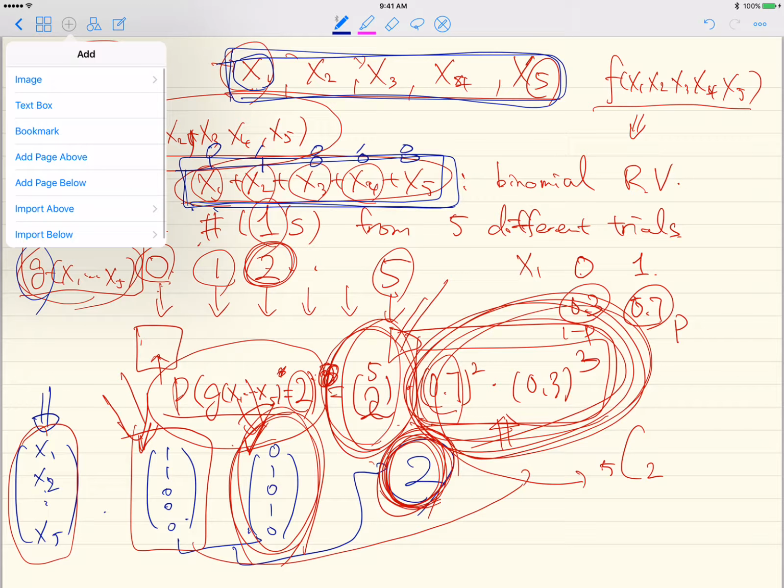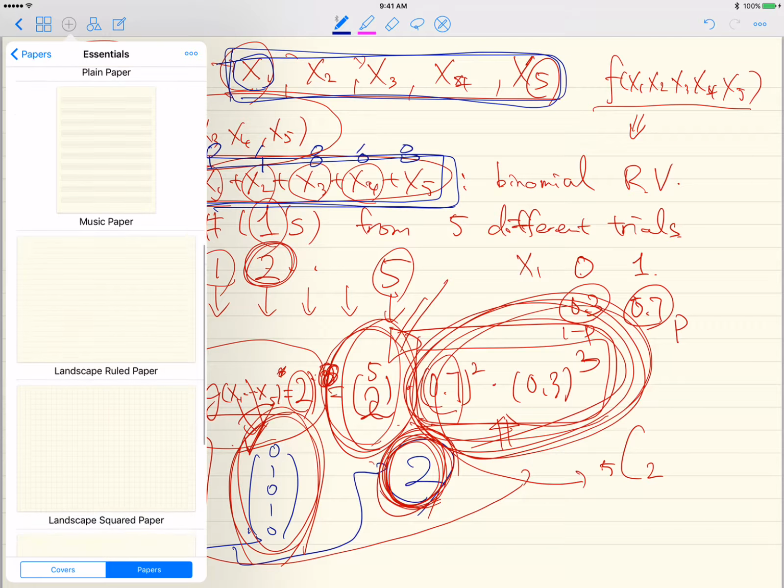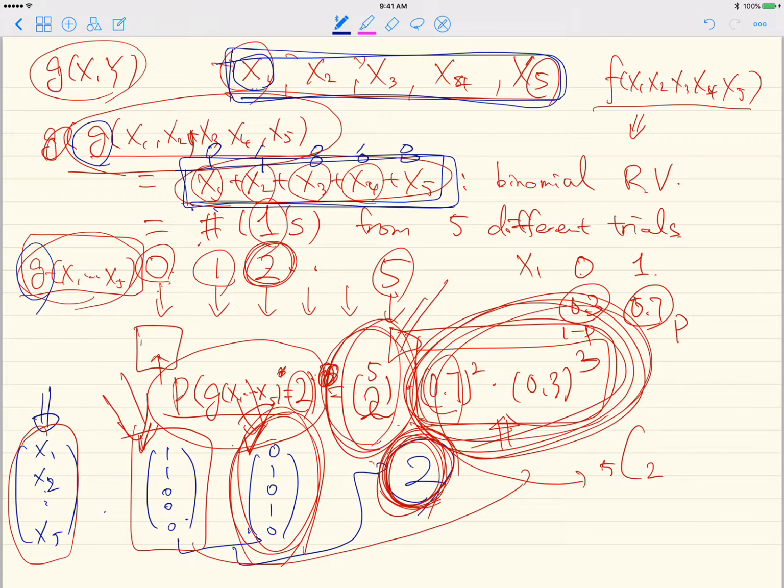Then we considered all the possible values which will form the event space of our function G, which is a binomial random variable. So it ranges from 0 to 5 when we have five independent Bernoulli distributions.